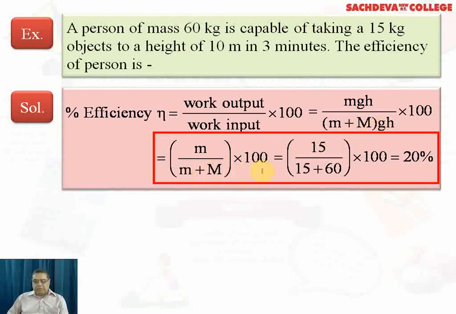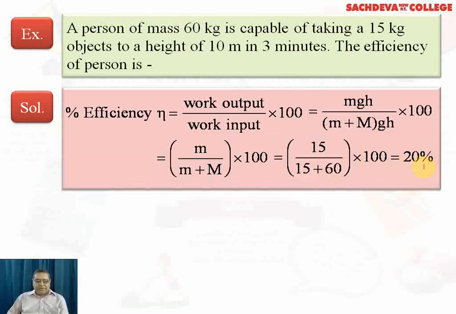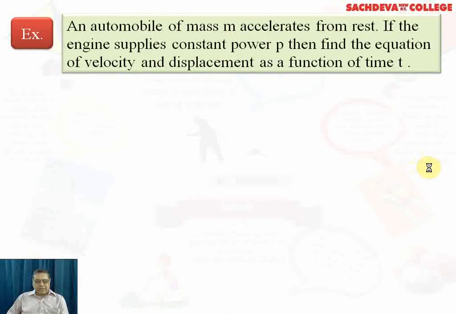For small m, we put 15, and for capital M, we put 60. So 60 is the mass of the man and 15 is the mass he is holding while going up. After all calculations, the result comes to be 20%. So efficiency is 20%.